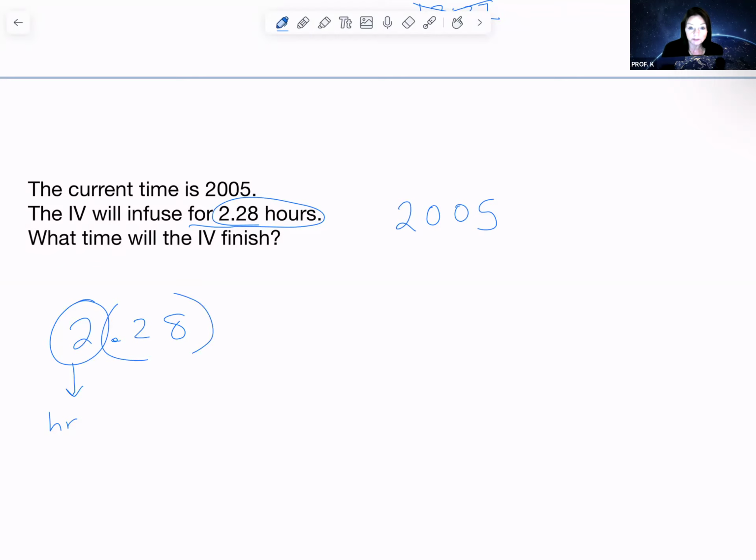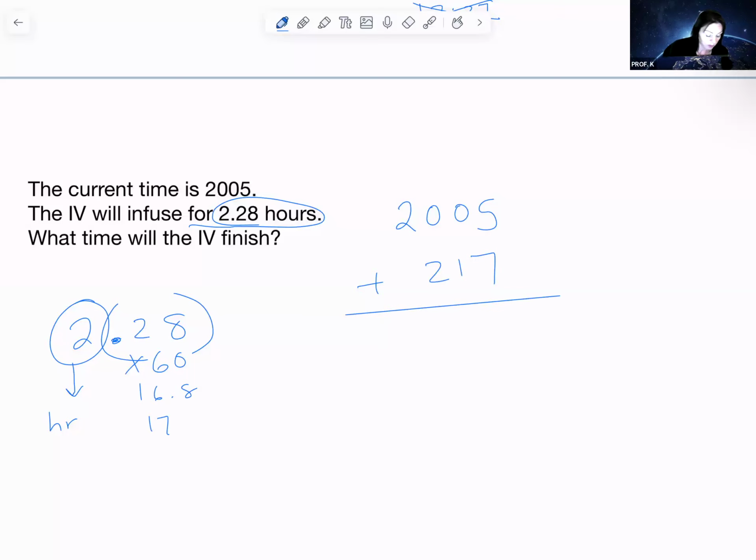But there's no such thing as 0.28 minutes. It's not a full minute. You have to multiply anything after the decimal by 60. So when we do 0.28 times 60, it will give you 16.8, and we round up to 17. So it's actually 2 hours and 17 minutes.